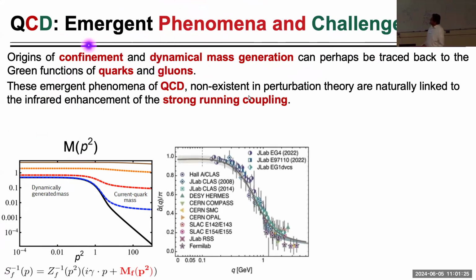Now, these emergent phenomena of QCD, which are both confinement and the generation of mass, do not in fact exist in perturbation theory, and one expects that they are linked either to the infrared enhancement of the strong coupling, or the non-abelian nature of QCD, or in fact both of these.